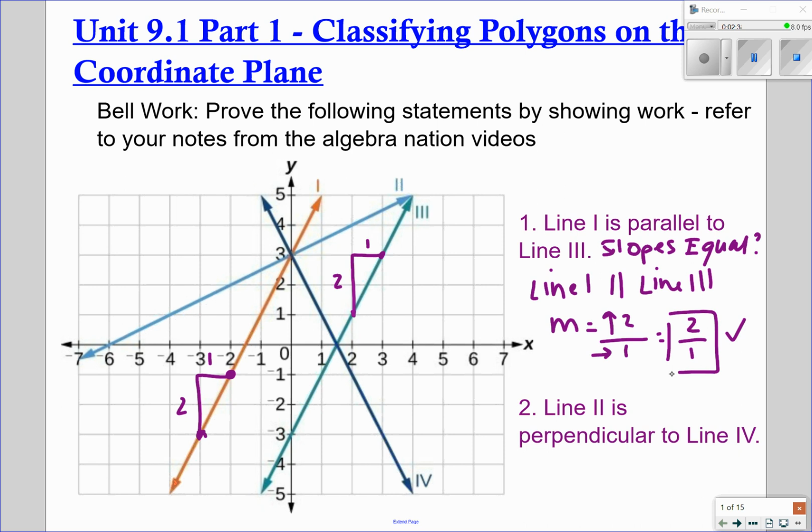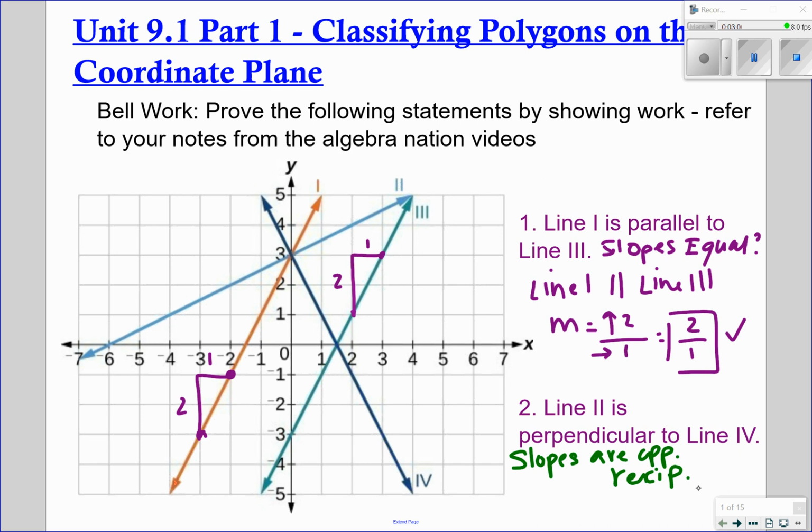Similarly, we can go ahead and check our work for statement 2. It says that line 2 is perpendicular to line 4. Well, remember, for perpendicular, we need to show that slopes are opposite reciprocals. We're going to go opposite recip. That's how we're going to abbreviate that. So let's find 2 nice points.